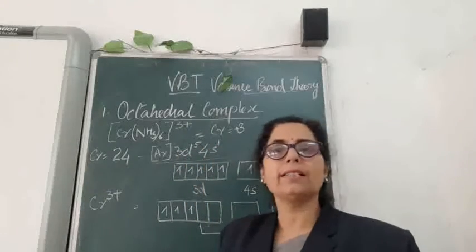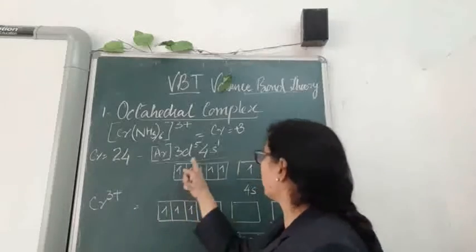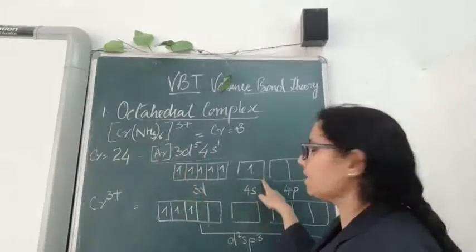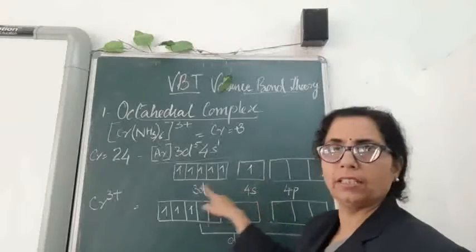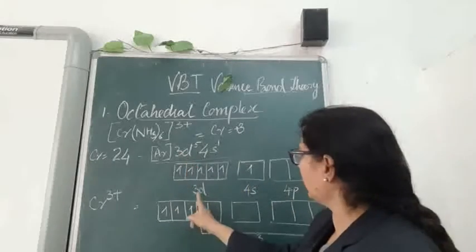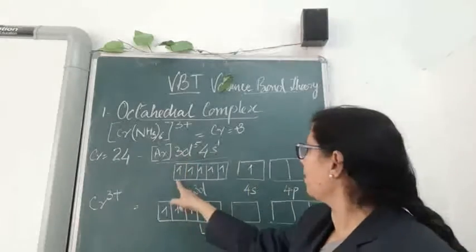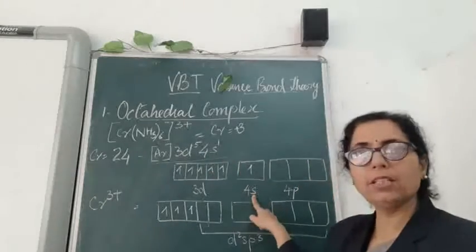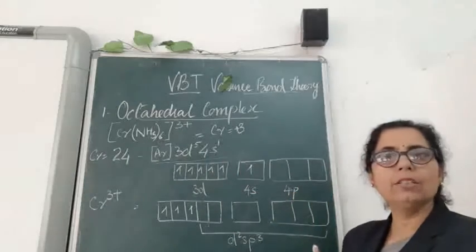You studied this in class 11 in the electronic configuration part. Now, with chromium having 3d5 4s1, arrange these electrons in the orbitals: in the 3d orbitals 5 electrons, in 4s 1 electron, and in 4p there are no electrons till now.